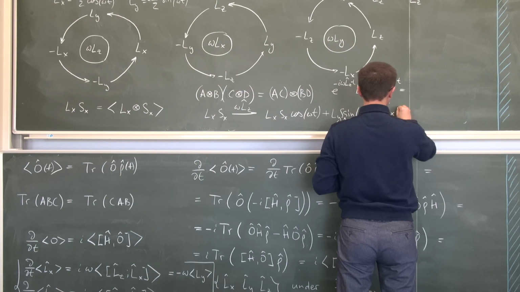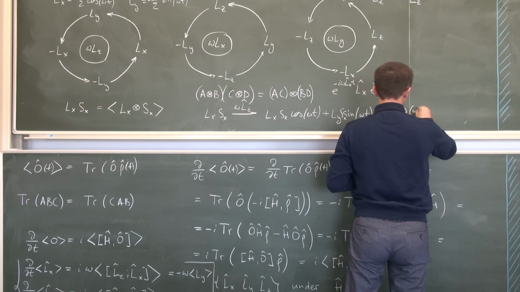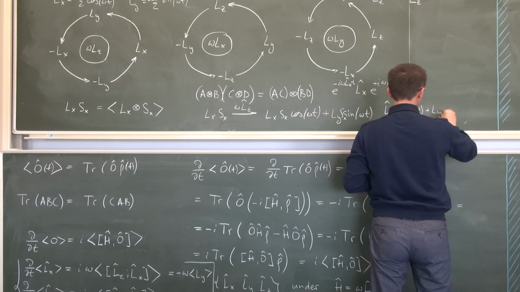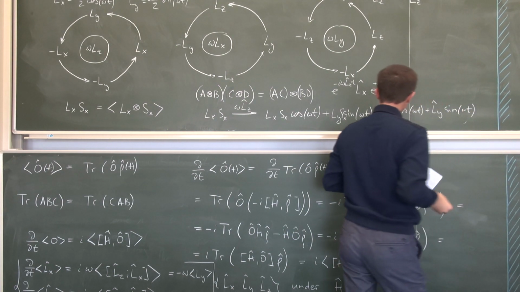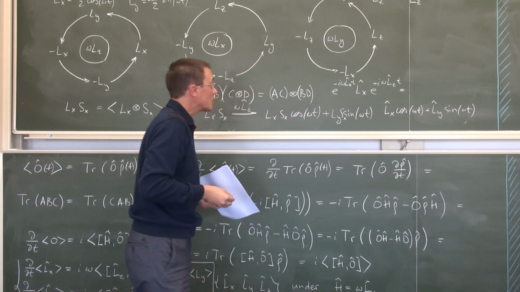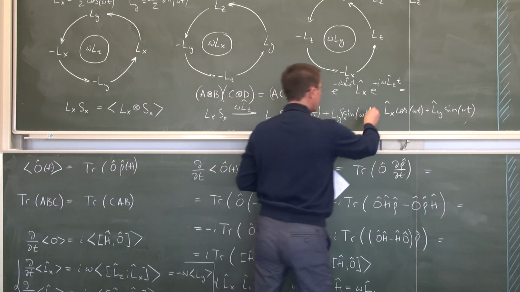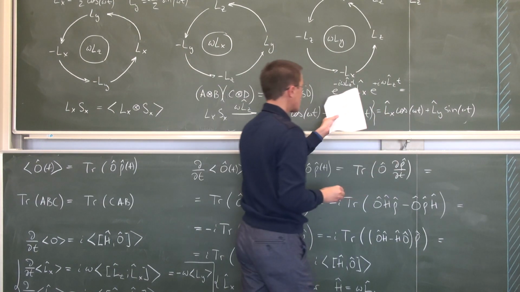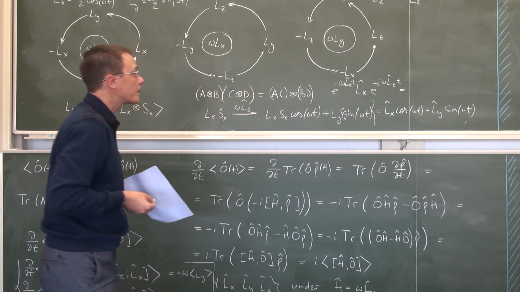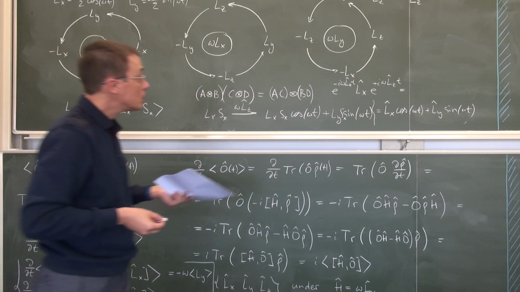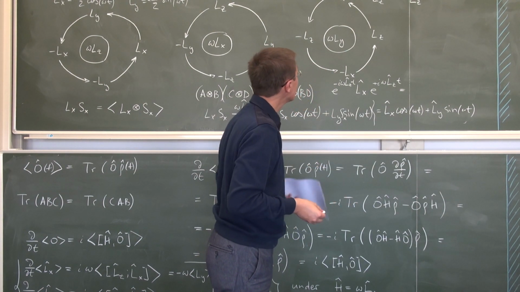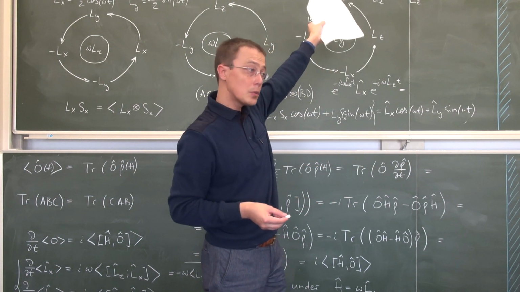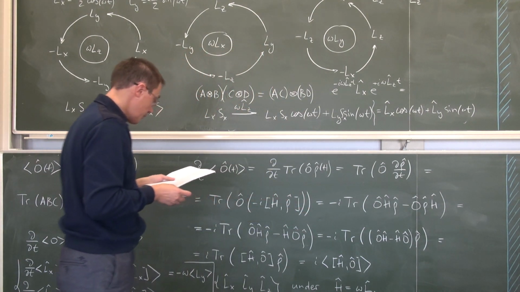Of course, it will be Lx cosine omega t plus Ly sine omega t. So this is something that mathematicians call isospectral flow. So it's an action by a real algebra on itself. And of course, this is all terribly quantum mechanical and matrix valued and so on, but those diagrams provide a serviceable substitute.